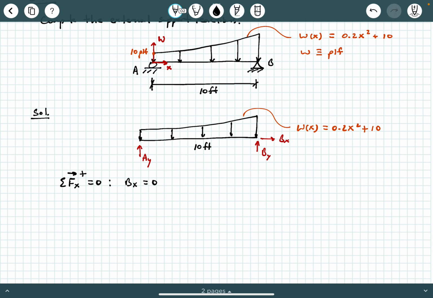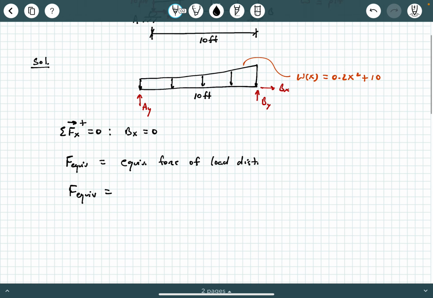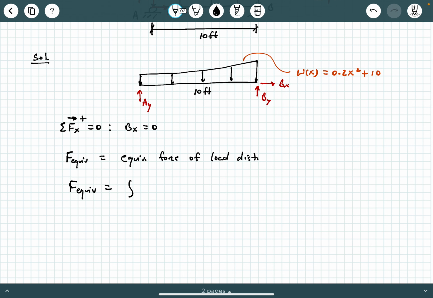We're going to say that the equivalent force of that parabolic distribution, F equiv, is going to come from taking the area beneath the load distribution, which in this case we have to do using the integral form.